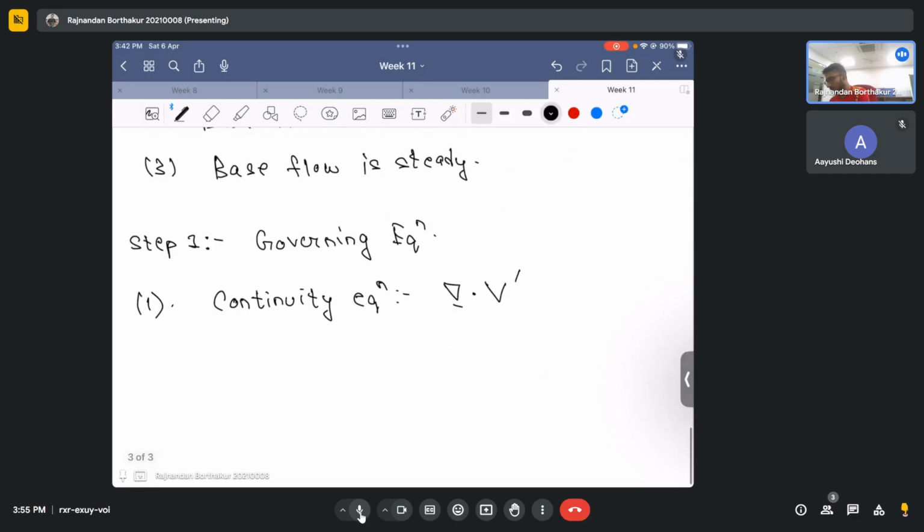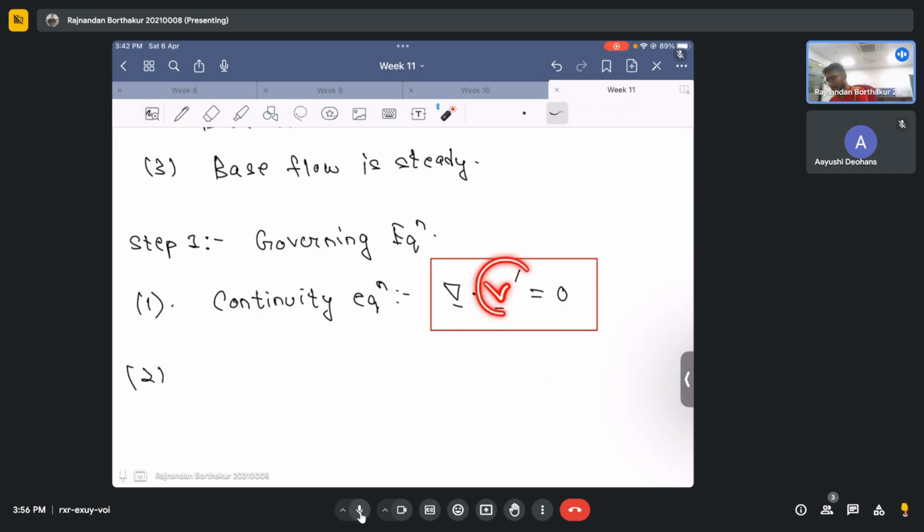So the continuity equation is basically this. It is the divergence of velocity equal to zero. This is the continuity equation, where again I repeat, this capital V is essentially the total velocity that we are denoting here, which is of course dimensional in nature.